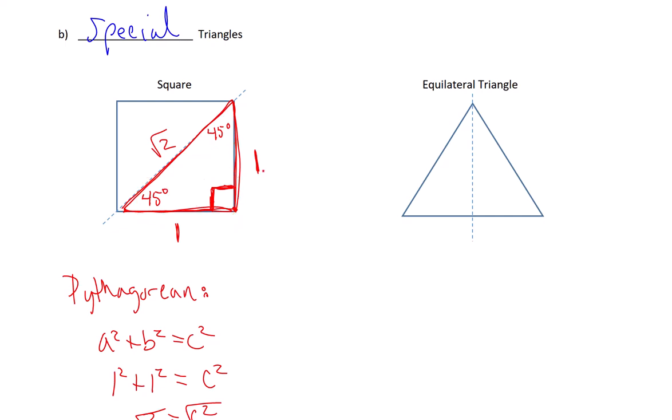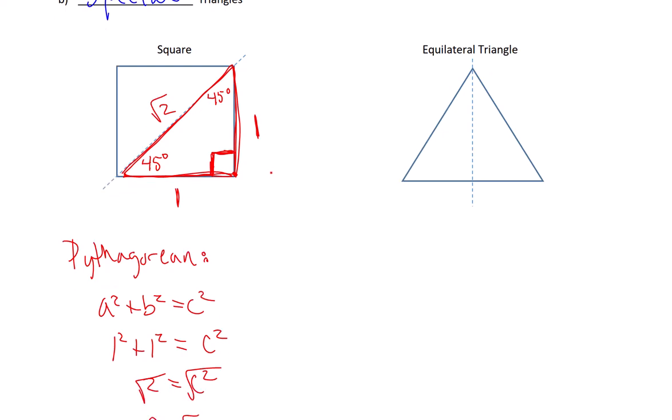Okay, if we move on to the equilateral triangle, which is again a triangle that has all three sides equal in length, then if we cut that triangle right down the middle from top to bottom, let's say we have the sides oriented so that the bottom or base of the triangle is flat on the ground, then directly above it you would have an angle at the very height or peak of the triangle.